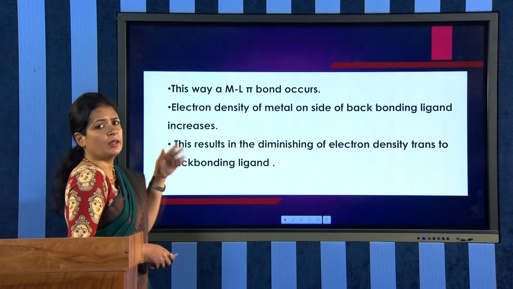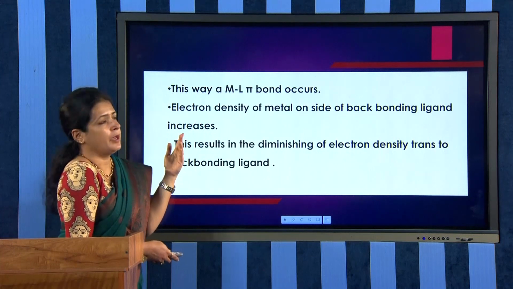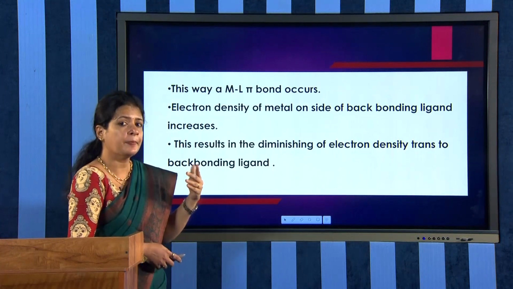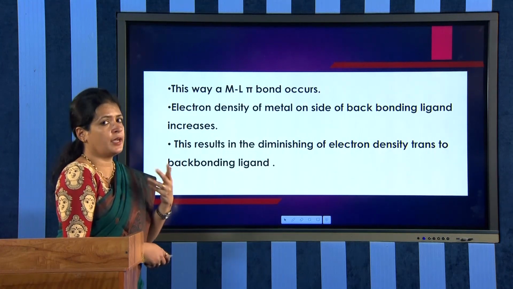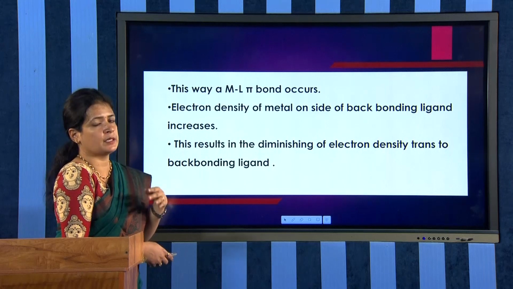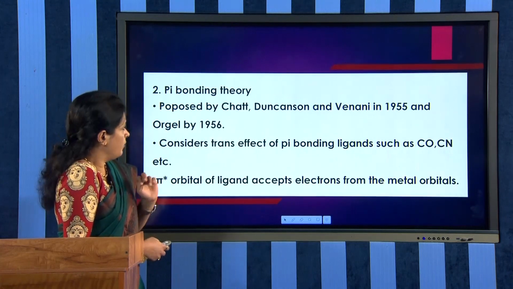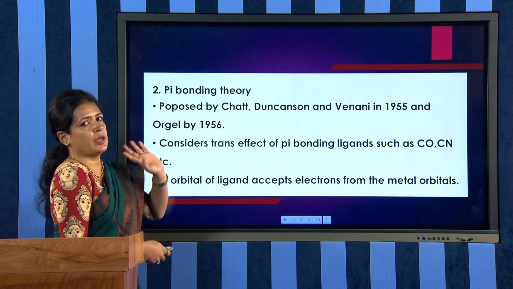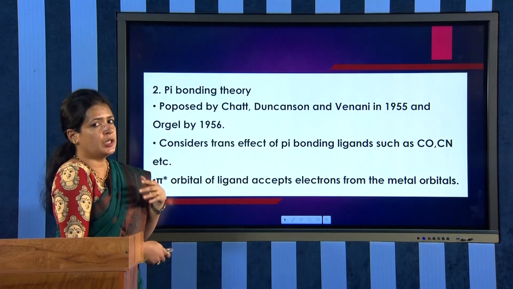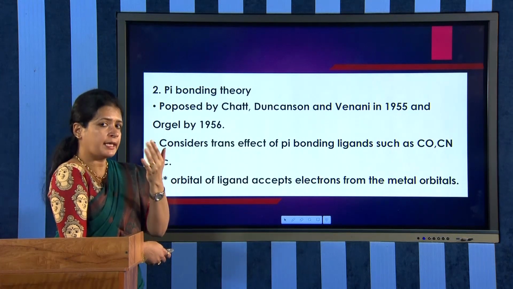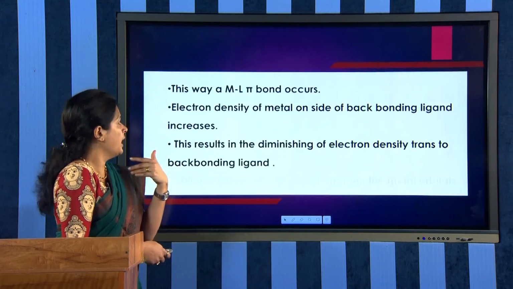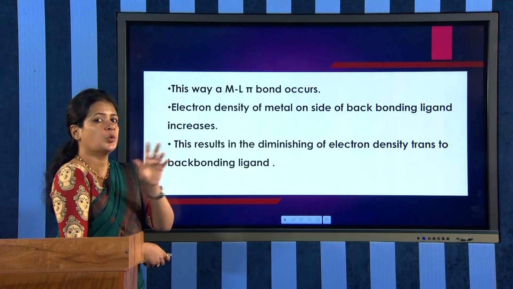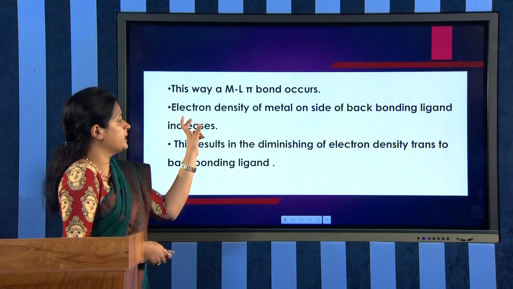Okay, I repeat, what is pi bonding theory? It explains the trans effect of pi bonding complexes or pi bonding ligands. For example, CO, CN, etc. are pi bonding ligands. What happens initially? They will accept the electrons from the metal into their pi star orbital, thereby increasing the electron density between the metal-ligand bond.